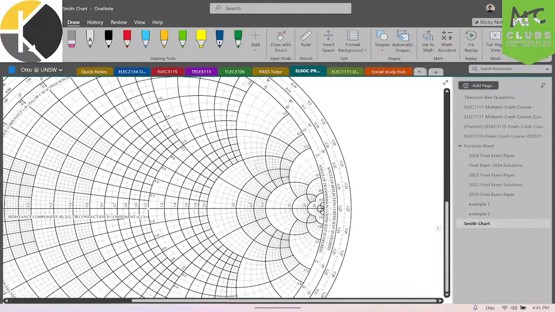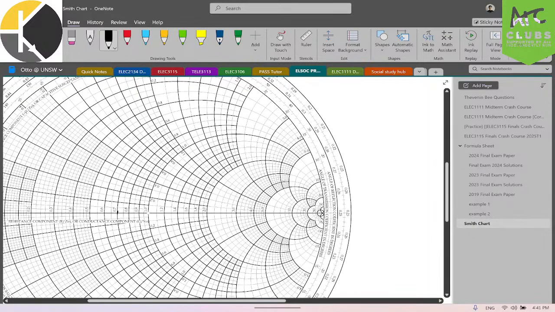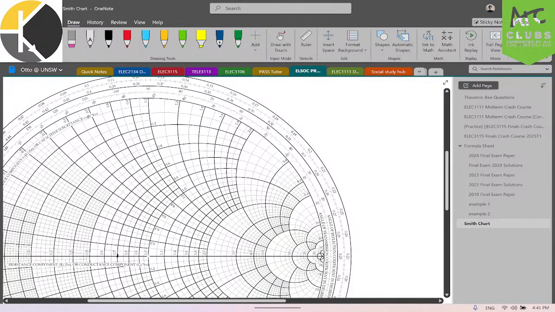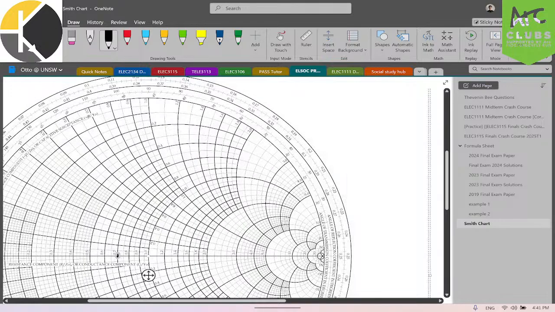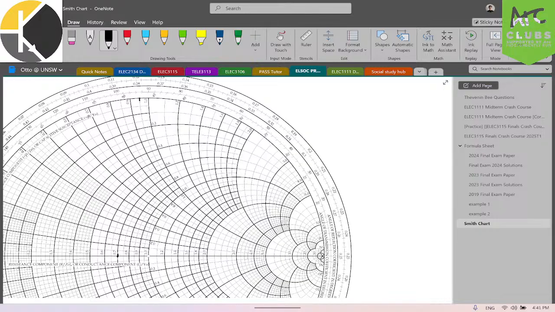So your initial point is 0.7 minus 0.95 j. So you find where those lines intersect. Here is your load point.